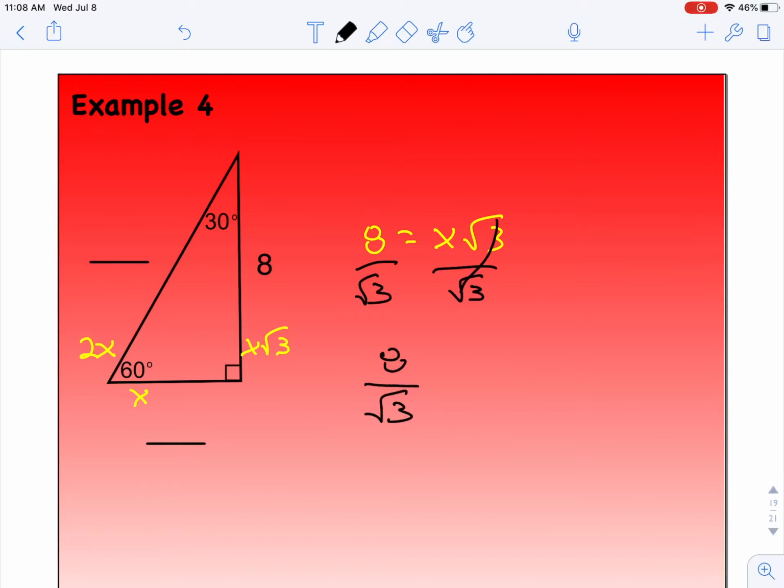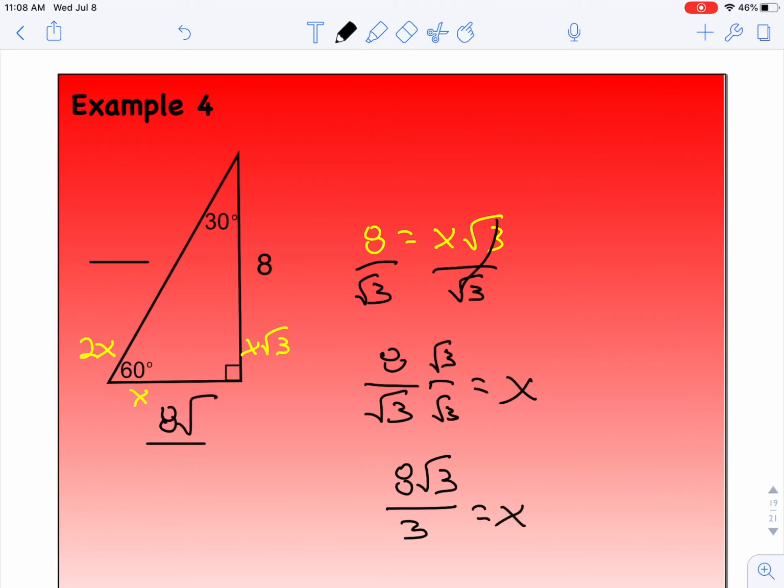So now I get 8 divided by the square root of 3 is equal to x. Again, I can't leave it like that. I have to multiply to get rid of that radical on the denominator. So I get 8 square root of 3 over 3. That's what my value of x is. So 8 square root of 3 divided by 3.